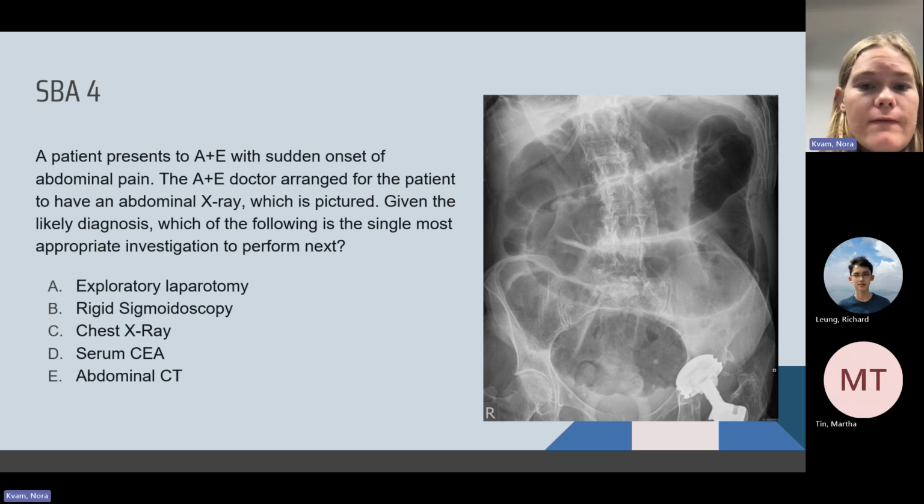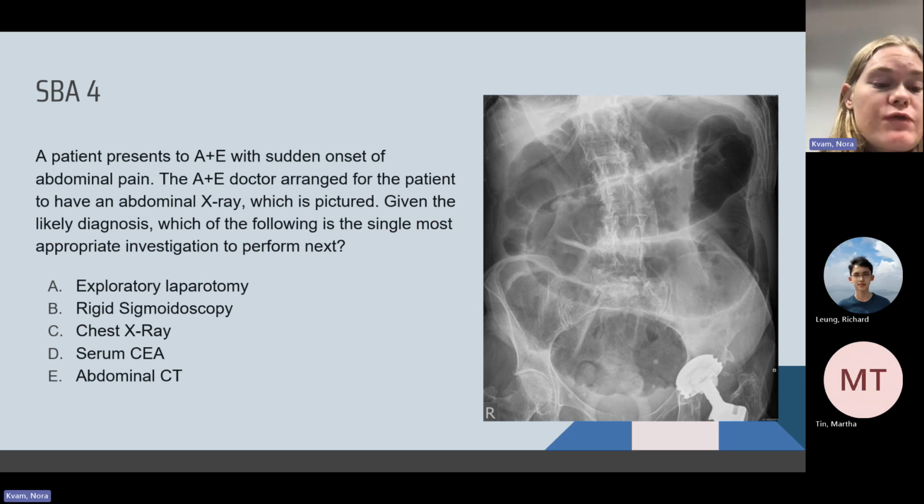The small intestine valvulae conniventes go through the entire small intestine. So these haustra only go through part of the intestine. So we suspect a large bowel obstruction.